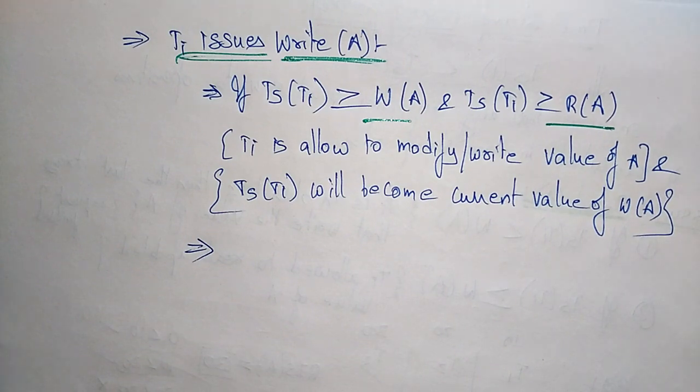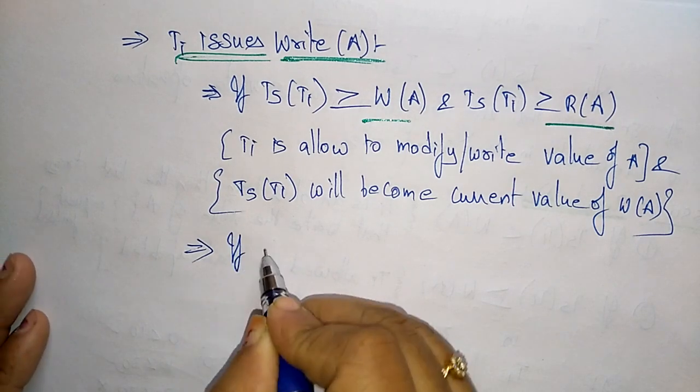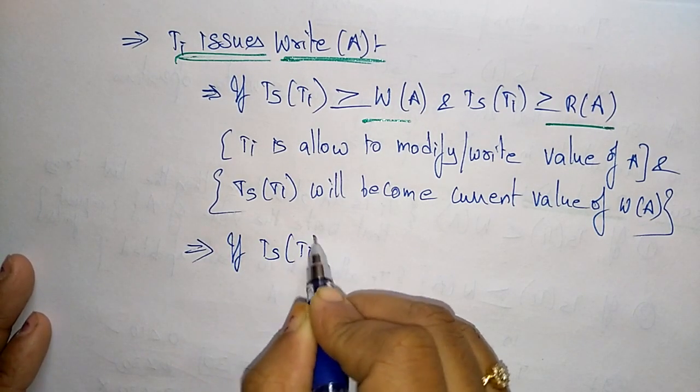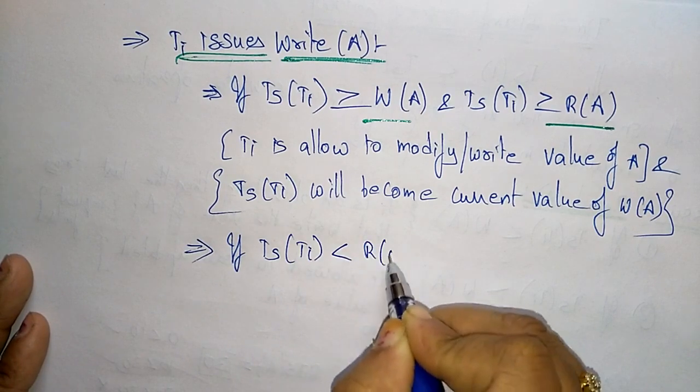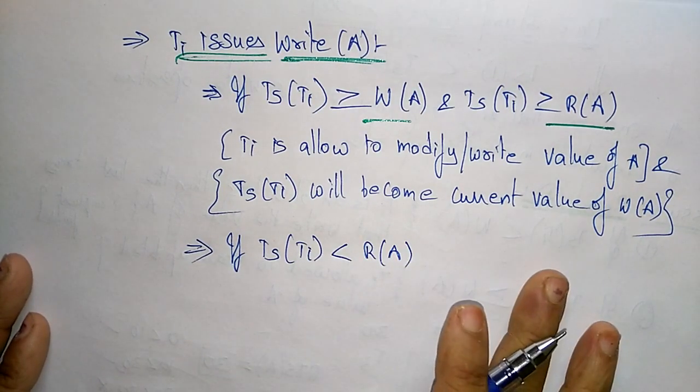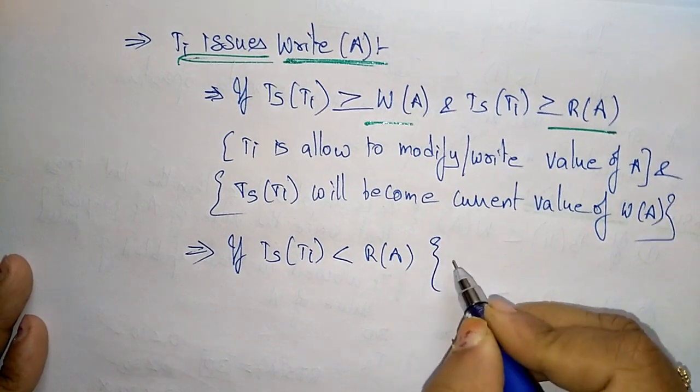What happens when Ti issues write A under another condition? That is, if TS of Ti is less than read of A. What does this mean?